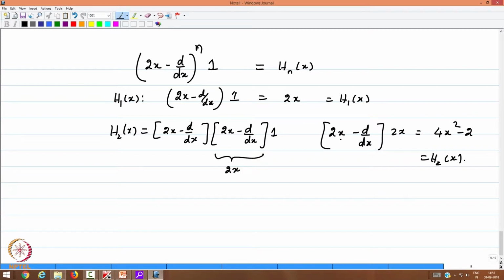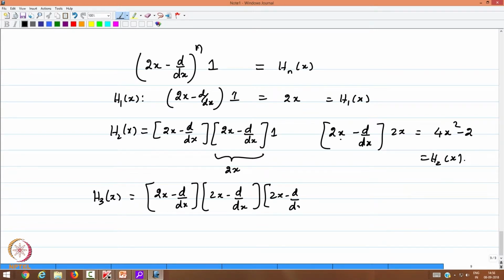Now it is quite clear what you should do for H3 and others. It is basically repeated application of this derivative, 2x minus d by dx, 2x minus d by dx, and 2x minus d by dx on 1. You have seen this, it is already 4x square minus 2.